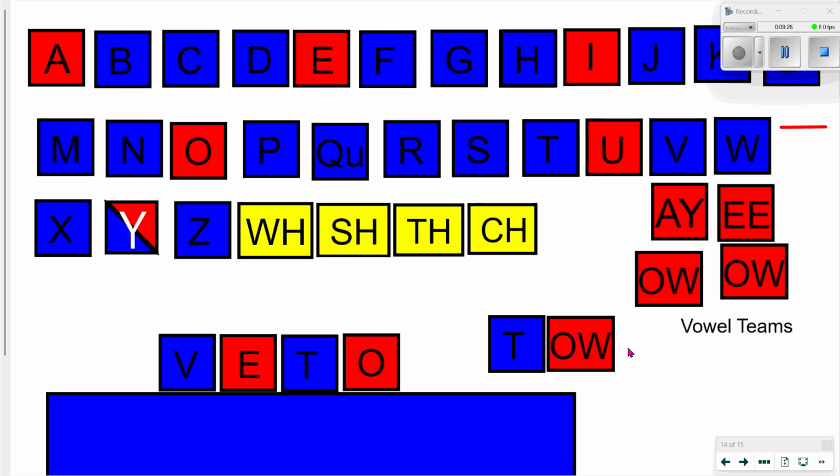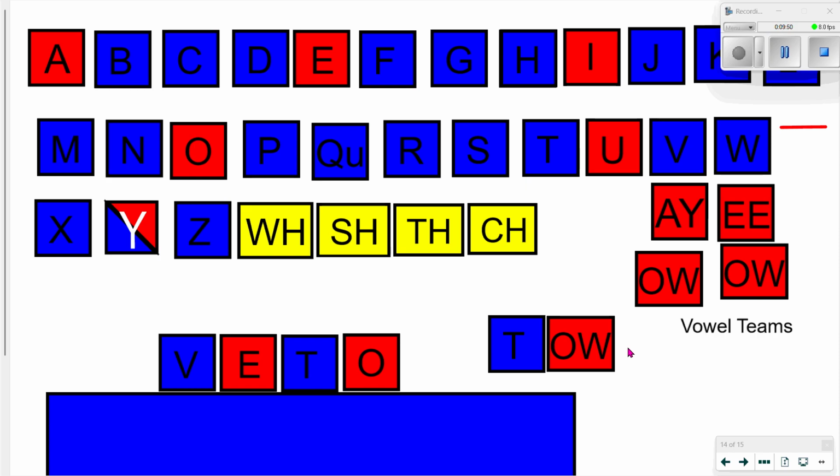So this could be confused with TOW, which means to pull. And that's what you should see on the screen of your spell checker. It should say TOW, pull. And then when I look over to the side, there's a down arrow. And the down arrow says that you could also have TOE, which is on your foot. So there are two different ways.